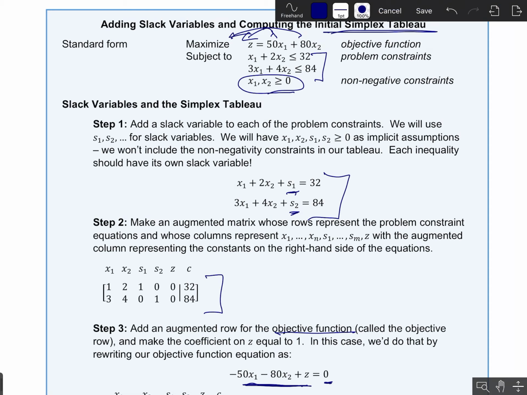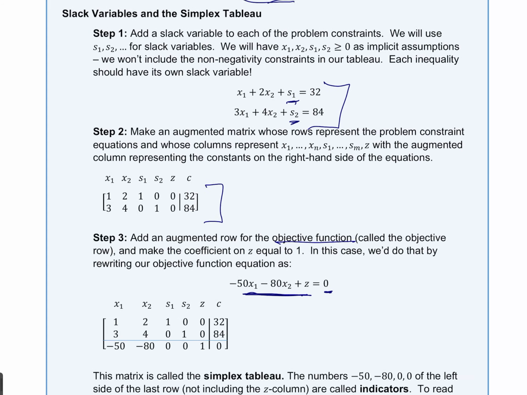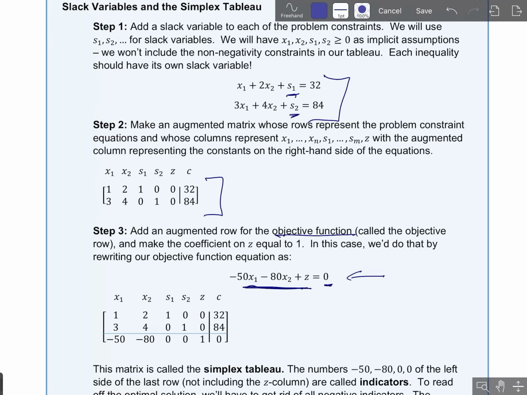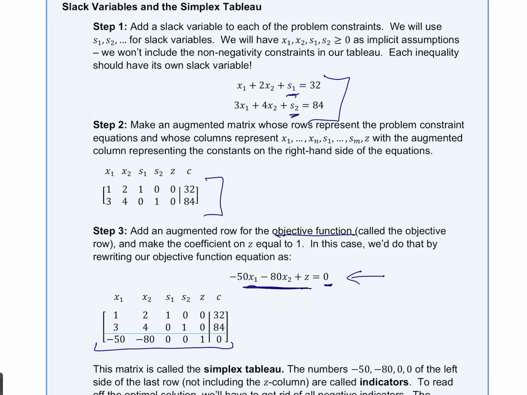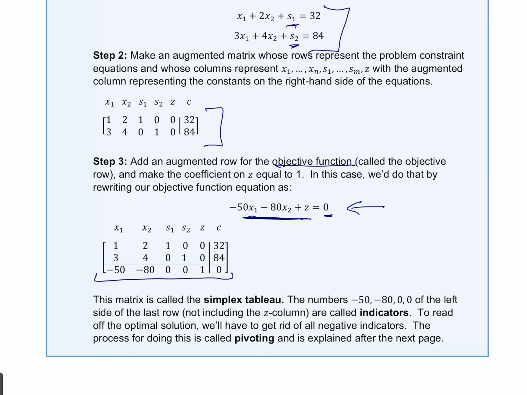So I would subtract 50x1 and I would subtract 80x2 from both sides of that top equation. And that would lead me to this equation here. And this is the equation that I would actually record down here in the bottom row of the matrix. So that's what we get as our bottom row. The bottom row is always going to correspond to the objective function. And this is the initial simplex tableau.